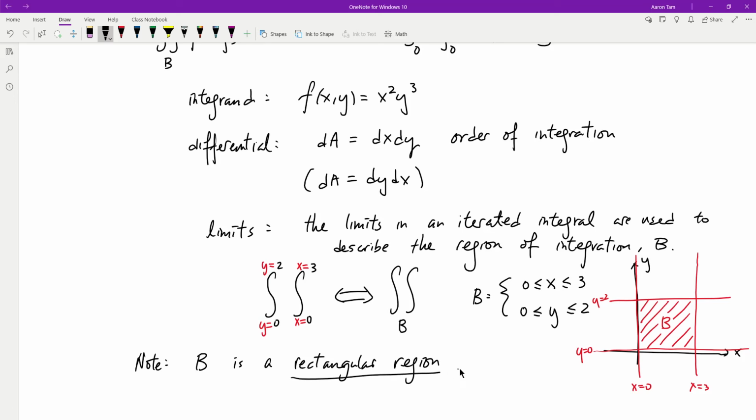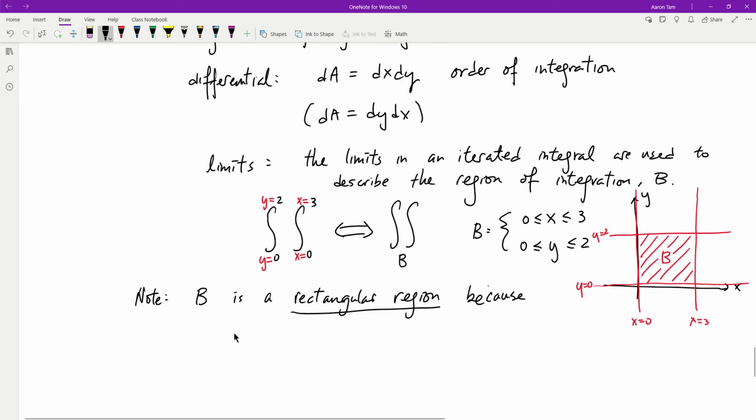So what is a rectangular region? Because in the iterated integral, all the limits are constants. Therefore it implies that this region is defined by the intersection of straight lines.